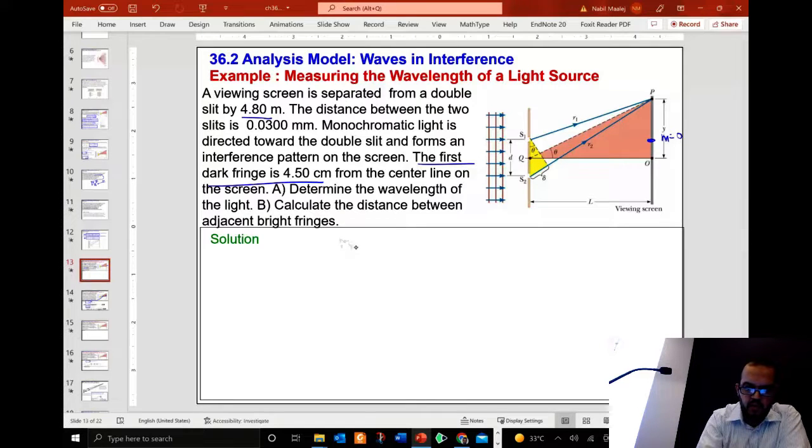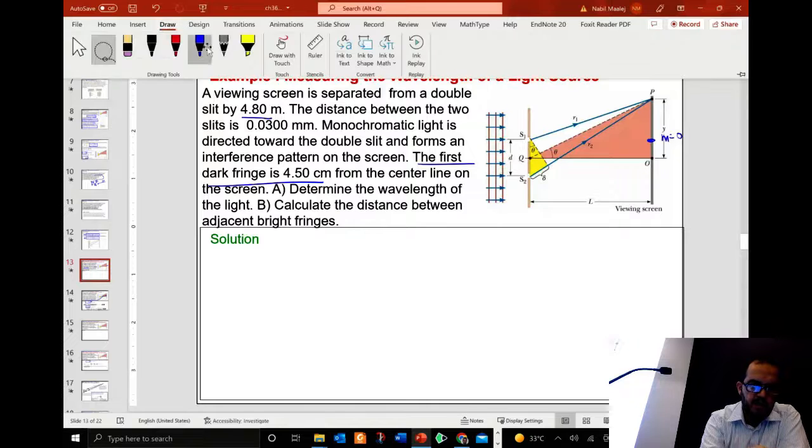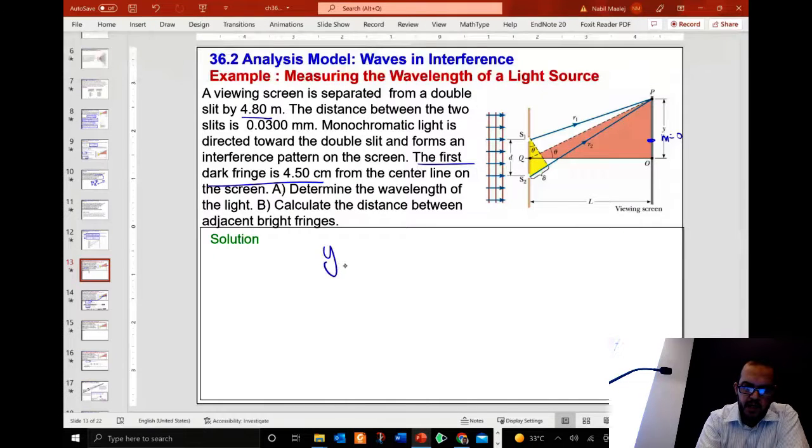So for m equal to 0, remember the equation for Y bright spot is L times m lambda over D. The first one, m equal to 0, will give me 0.